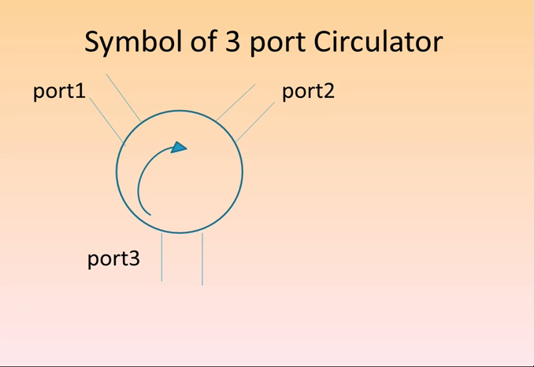In the same fashion, if you are applying a signal at port 3, the same input signal will be available at port 1 and nothing is available at port 2. So in this way the 3-port device works.